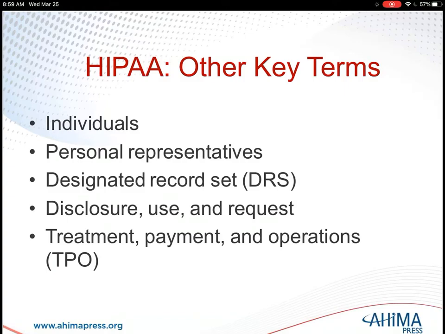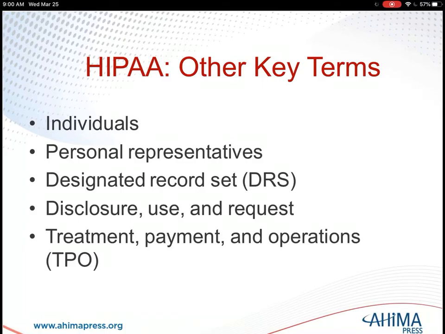They're treated the same. Now, there are some things that we've talked about in previous chapters that throw a little caveat into this personal representative business. Although parents are generally going to be their children's personal representatives, especially with minor children, if the child has consented to their own treatment, then that parent is no longer a personal representative of that child.